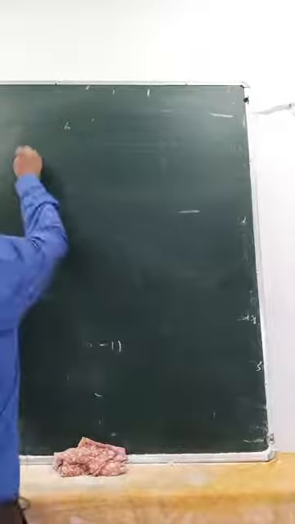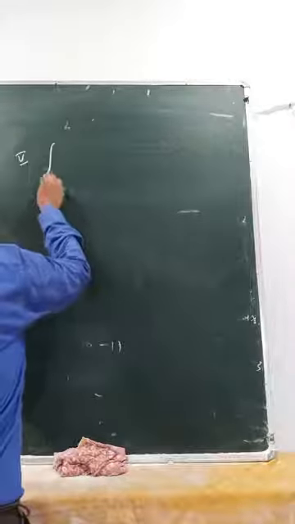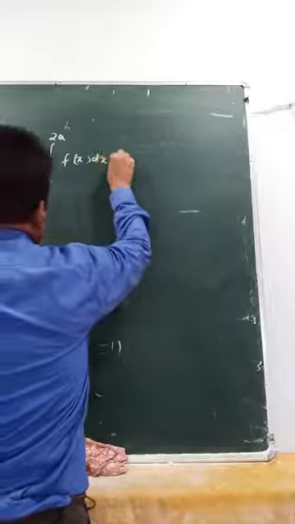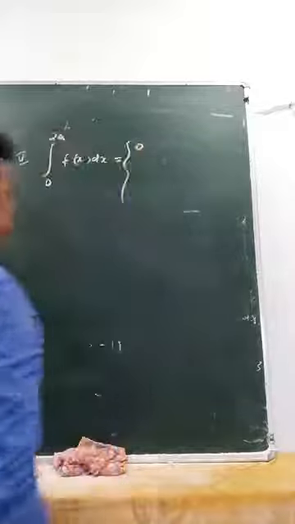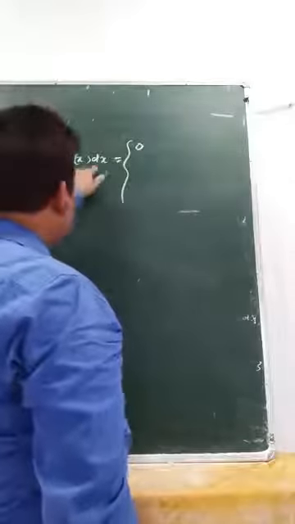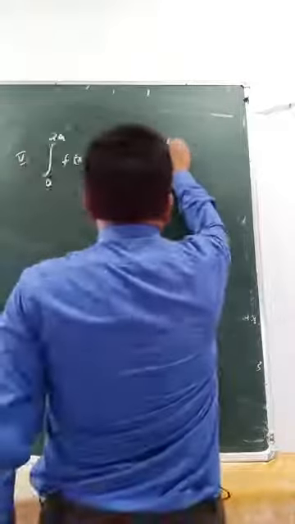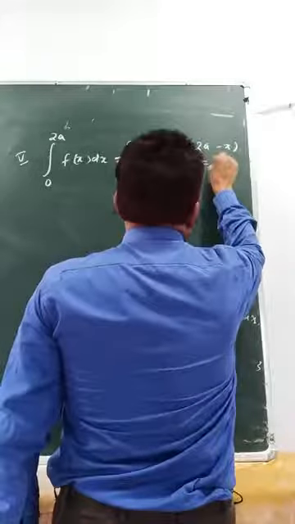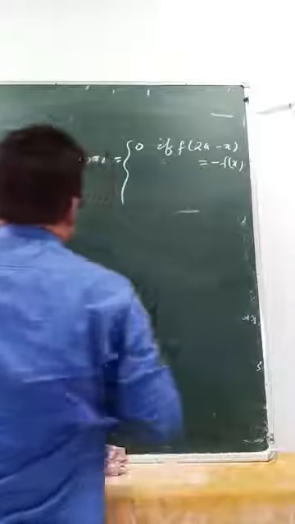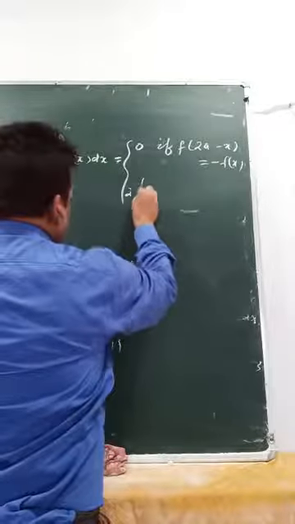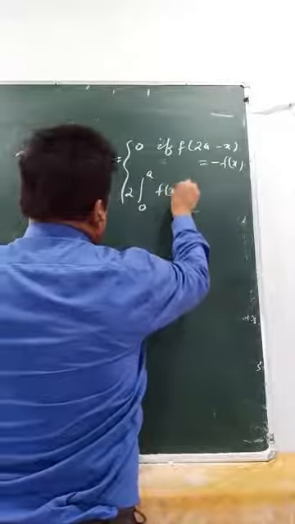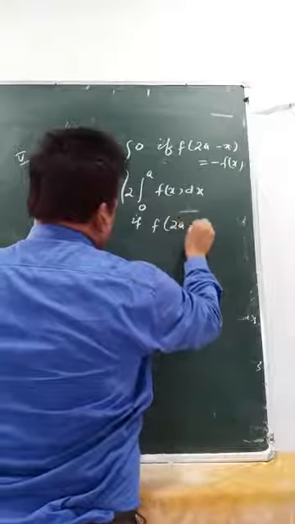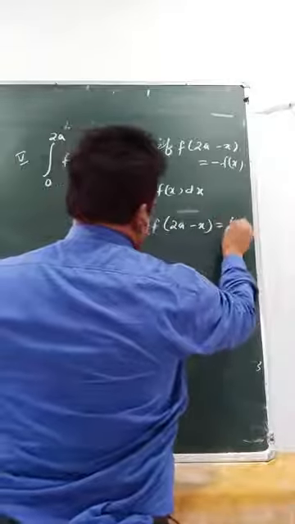That is property number 5. The integral from 0 to 2a of f(x) dx will be 0 if f of 2a minus x equals minus f(x), or it will be 2 times the integral from 0 to a of f(x) dx if f of 2a minus x equals f(x).